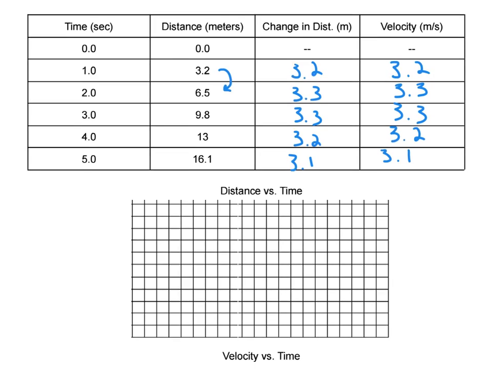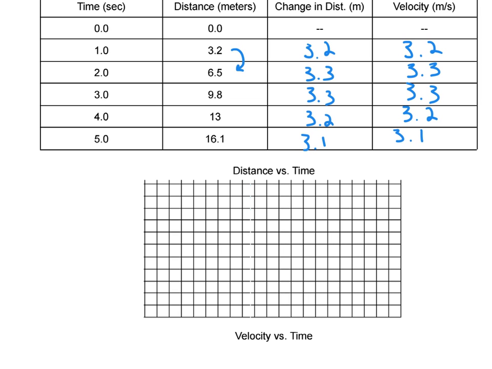So let's see if we can create a distance versus time graph. We're just going to focus on the two columns on the left. Let's pick a scale that makes sense. This looks to be about 10 boxes tall, and I want to be able to fit data all the way up to 16.1 meters, so maybe I'll count by twos. So 2, 4, 6, 8, 10, 12, 14, 16, 18, 20.